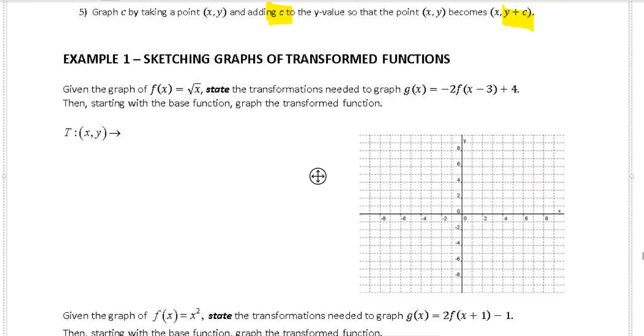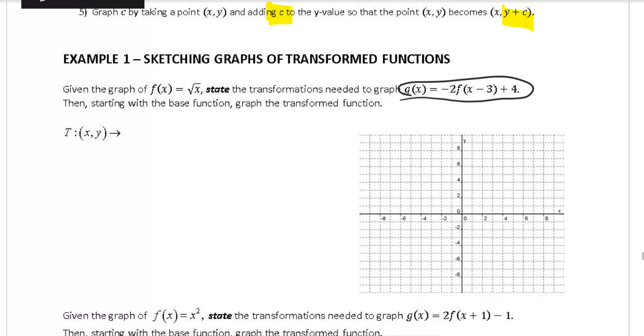So here's the first example. g(x) is the transformation of f(x), and f(x) is the square root function. So what's going on here? Let's look at how x and y are being transformed. There's no k value, k is equal to 1. But I do have a d value, and d is equal to positive 3.